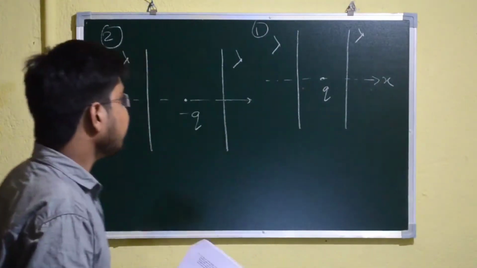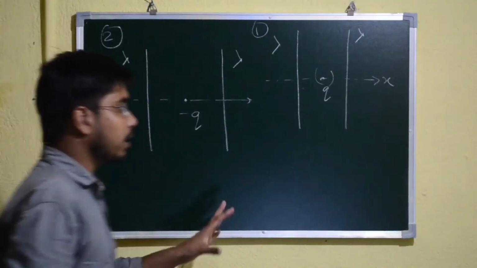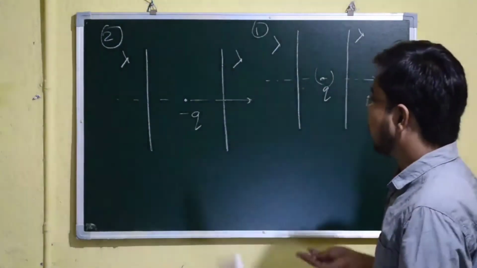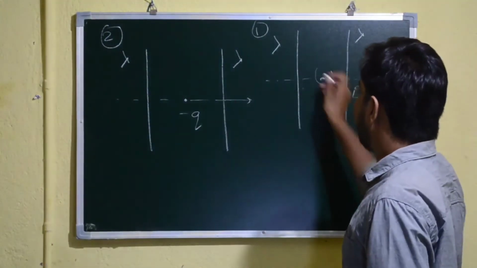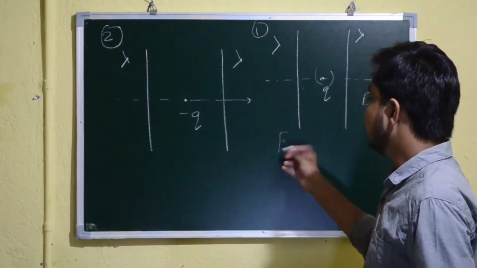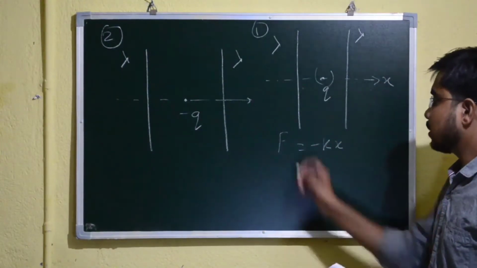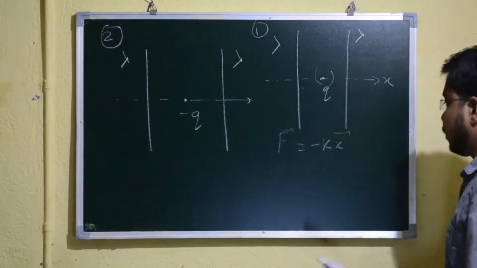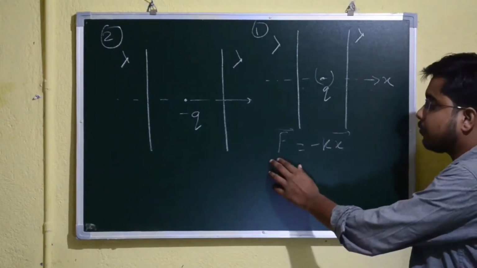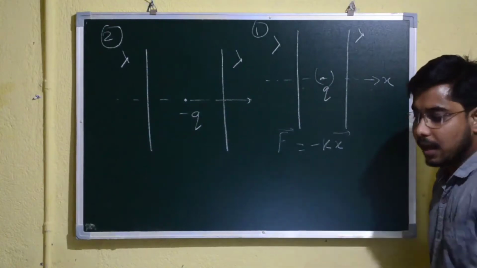The first problem is related to the SHM condition, and the second is how we can solve this SHM problem. As we know, to perform simple harmonic motion, a particle must have a restoring force F equal to minus kx, or you can say k delta x, where x is the displacement of the particle from the mean position, F is the restoring net force acting on the particle, and k is what we know as the SHM constant.